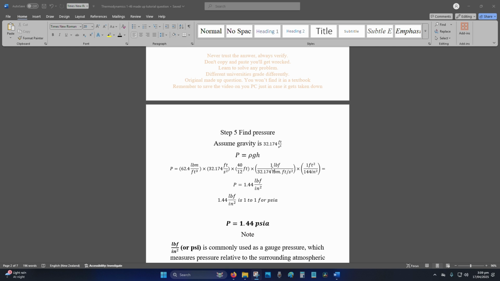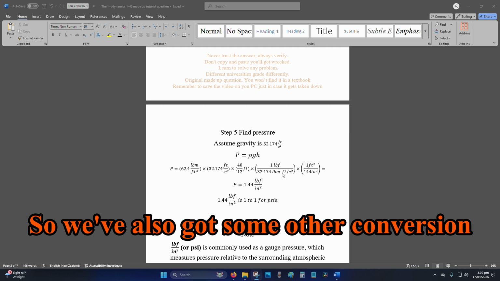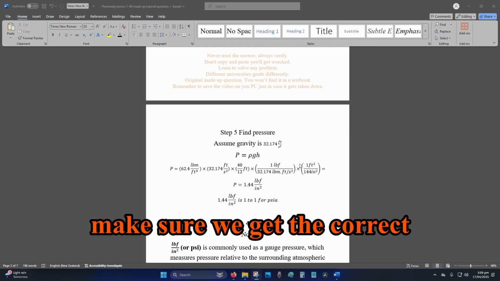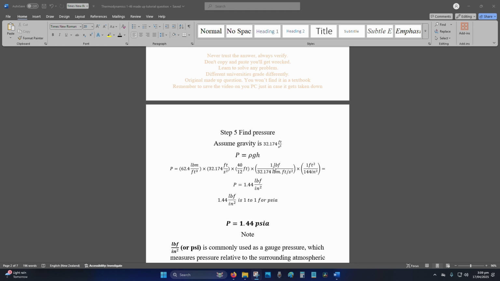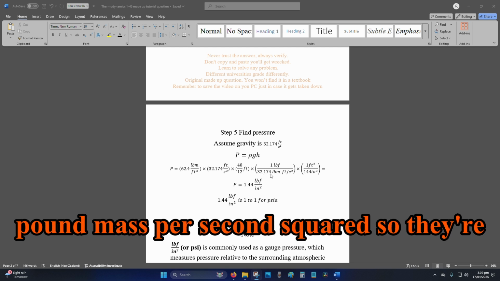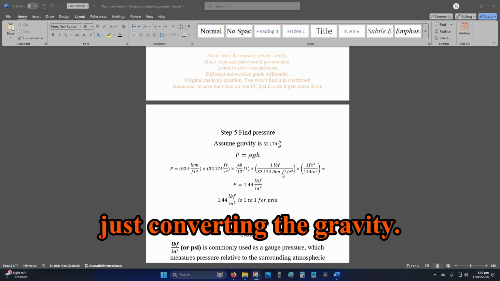Okay, so we've also got some other conversion units as well, just to make sure we get the correct answer. So we got 1 pound force divided by 32.174 pound mass per second squared, so they're just converting the gravity.